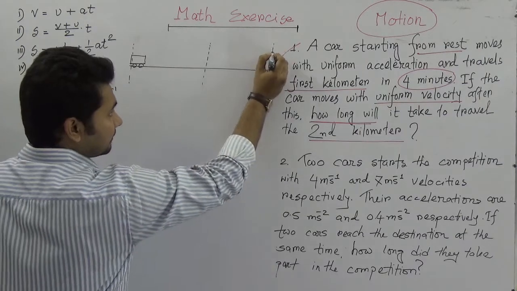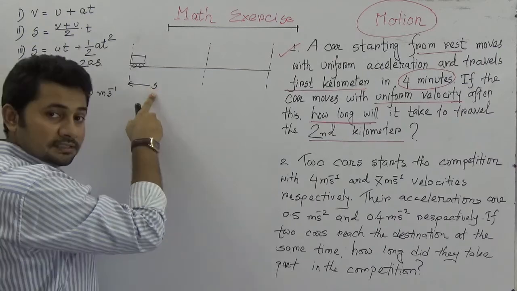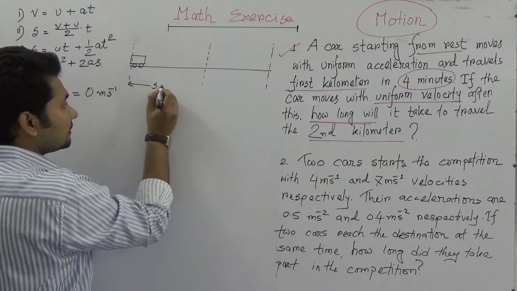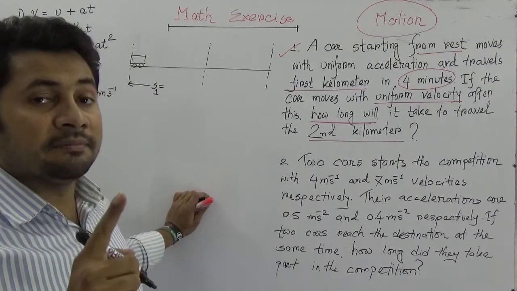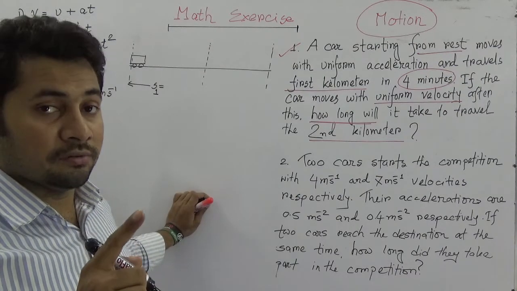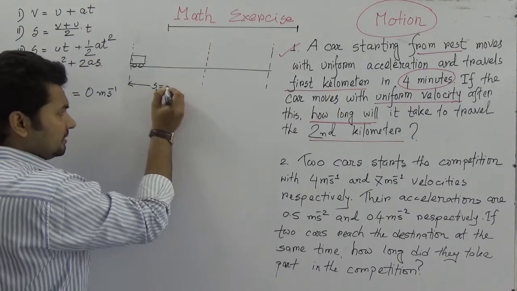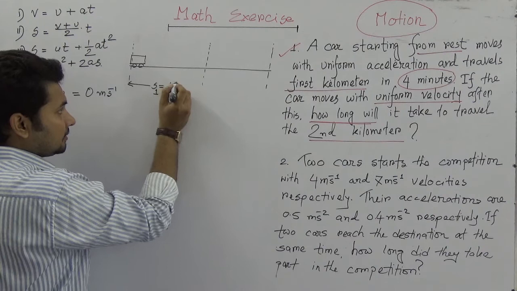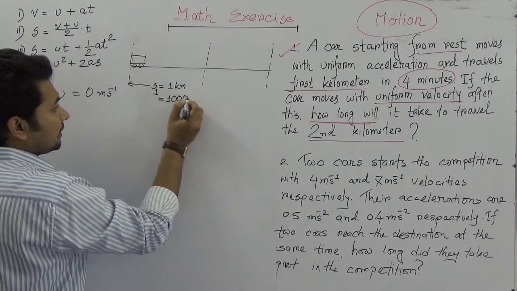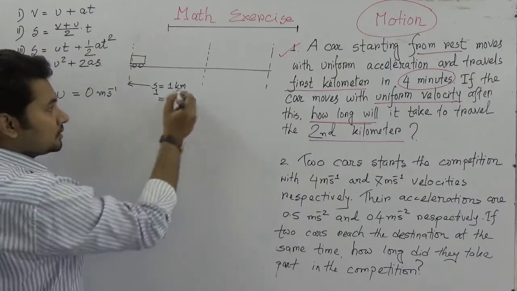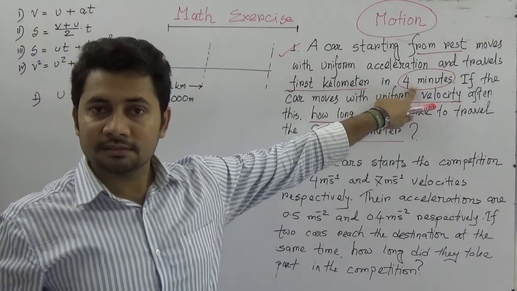If this one is S, the first kilometer, then following the MKS system of units, S in the international system is 1 kilometer, which should be 1000 meters. So it travels 1000 meters in 4 minutes.